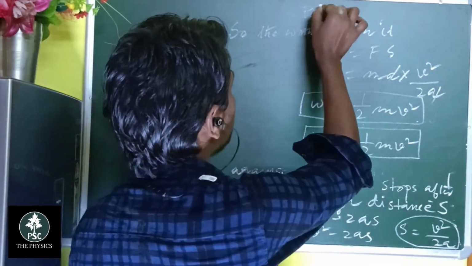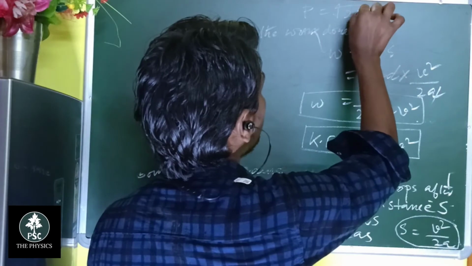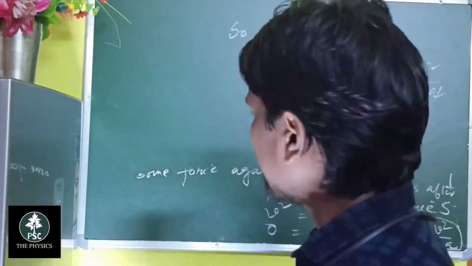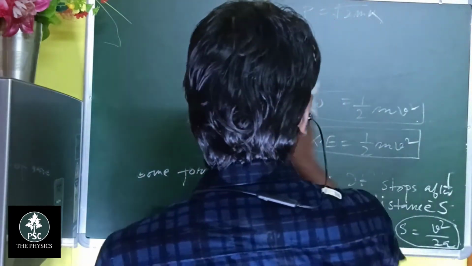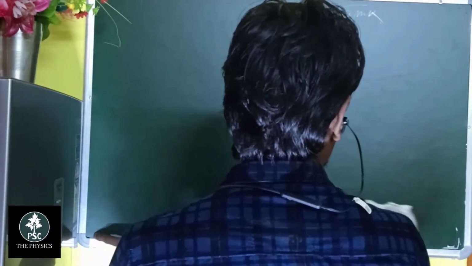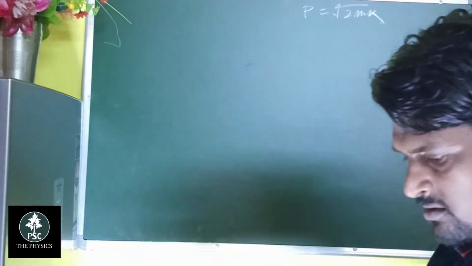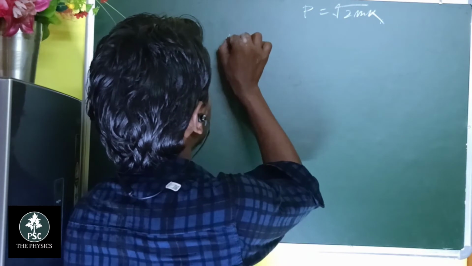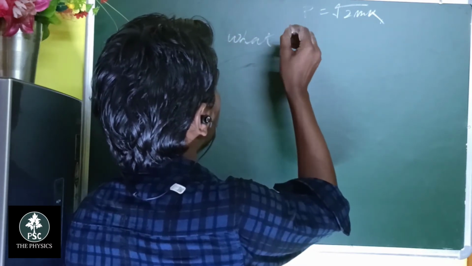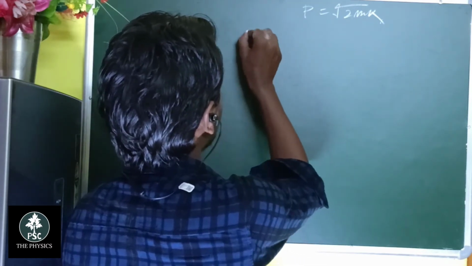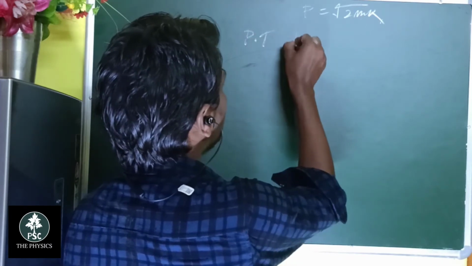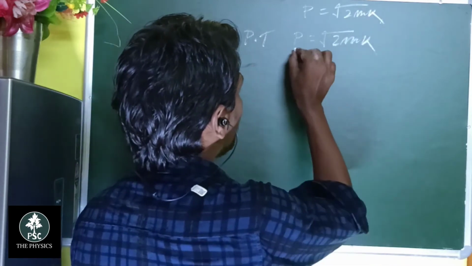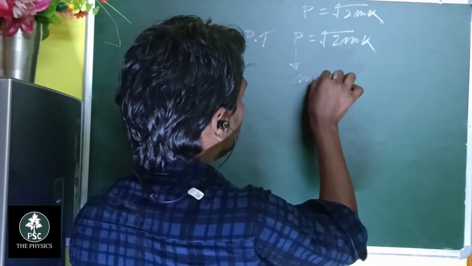The equation is P equal to root over of 2m into kinetic energy K. So students, write down the question: what is the relationship between the momentum and kinetic energy? Or you can write, prove that P equal to root over of 2mK, where P is the momentum.